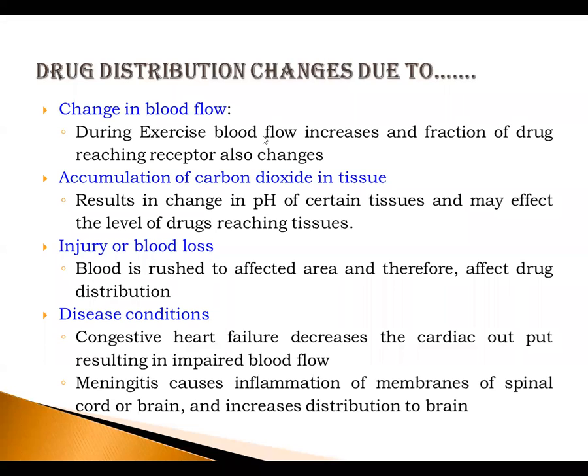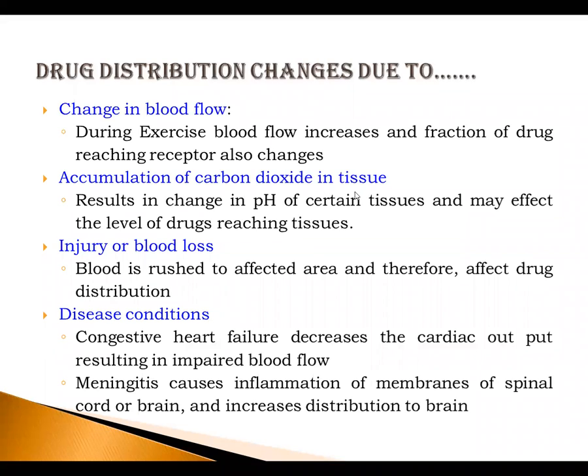A change in blood flow is one of the factors which can affect the volume of distribution, and I can correlate it very well to the distribution time, that is the distribution half-life. So exercise can result in a high blood flow rate, and you can expect faster distribution. The volume may not be much affected in this case, but because the blood flow will be high, the rate of distribution will be faster.